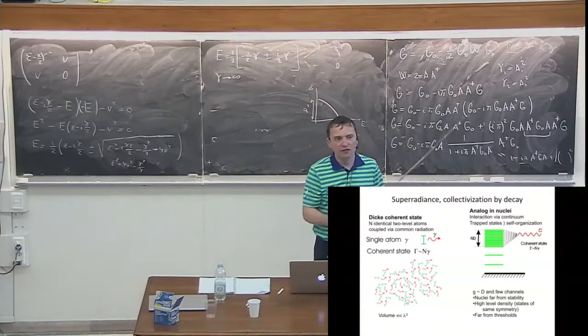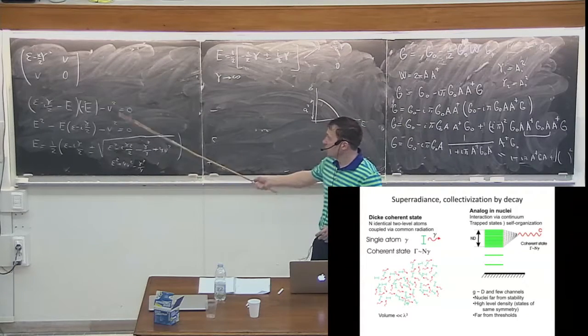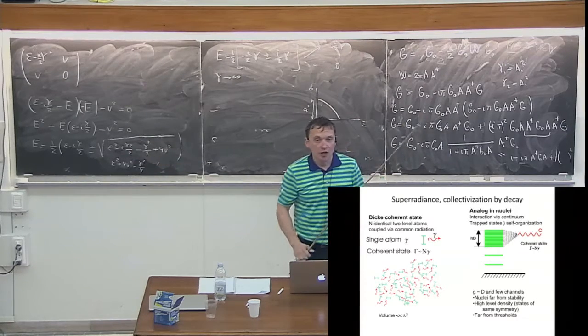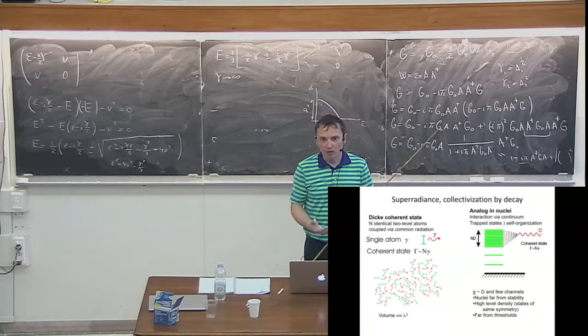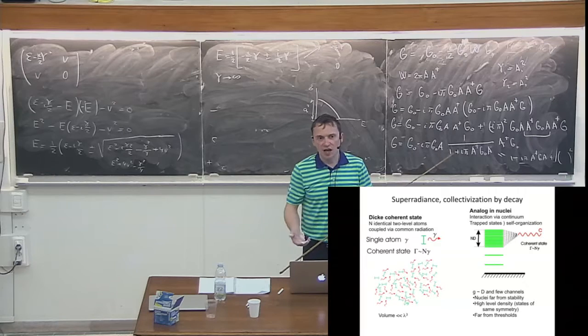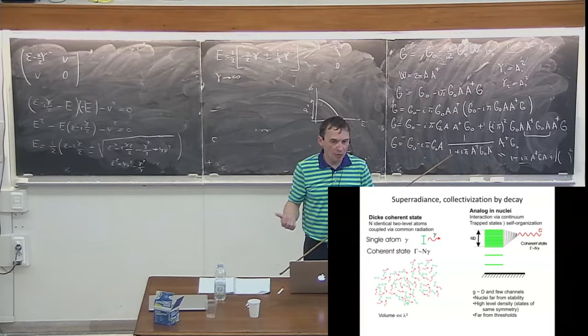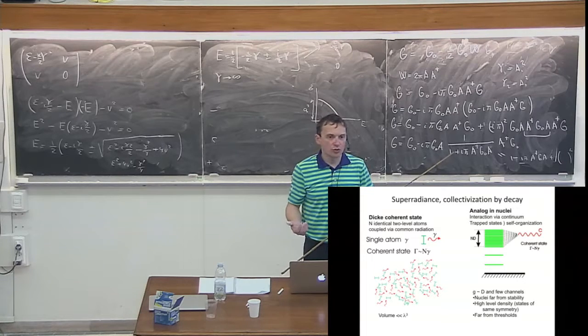Okay, so overall, when you have a channel, like in this example, when you have a strong gamma, of course, your states are coupled to each other through this gamma. And this limit, when the coupling is very strong, is often referred to as the superradiance limit.